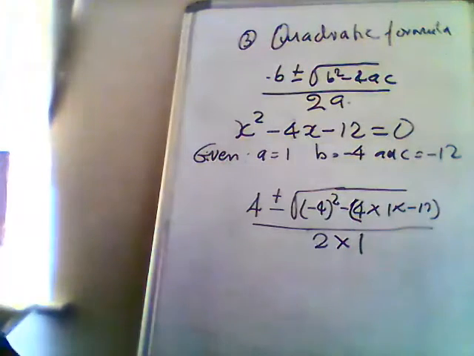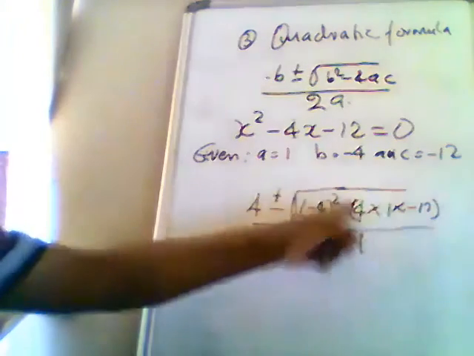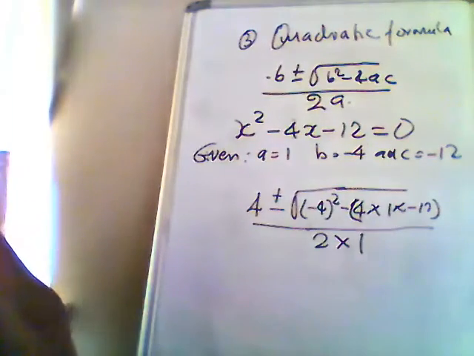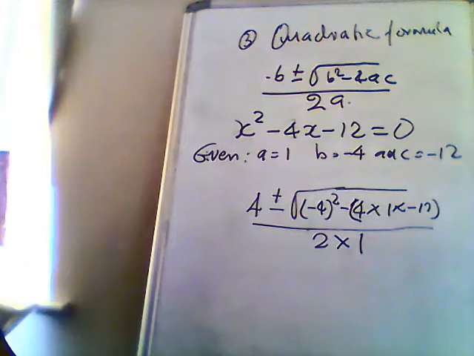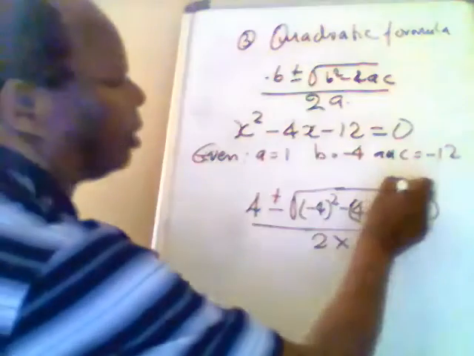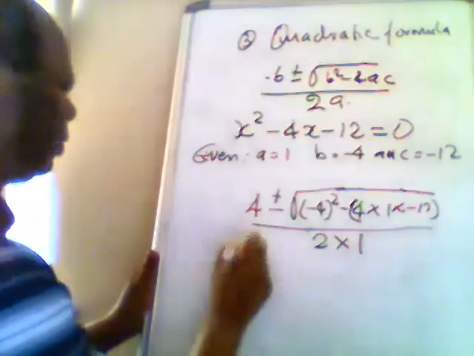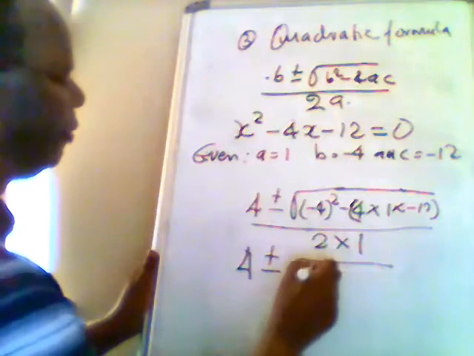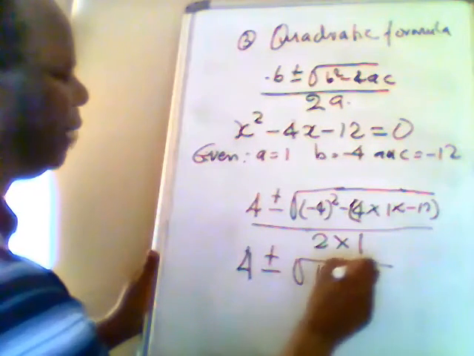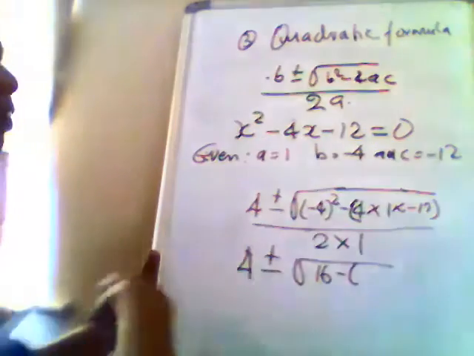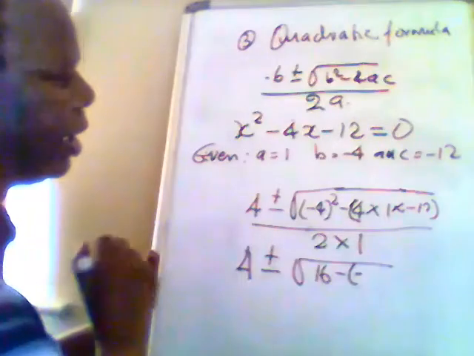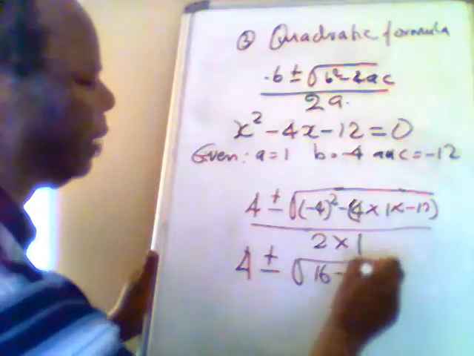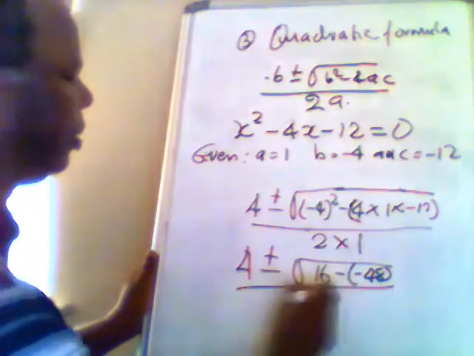Be careful of the signs. The signs are the ones which create big problems. So putting them in brackets will help you not to struggle with the signs. Let's continue. So 4 plus or minus the square root of 4 squared, which is 16, and then minus (4 times minus 12), which is minus 48, over 2.